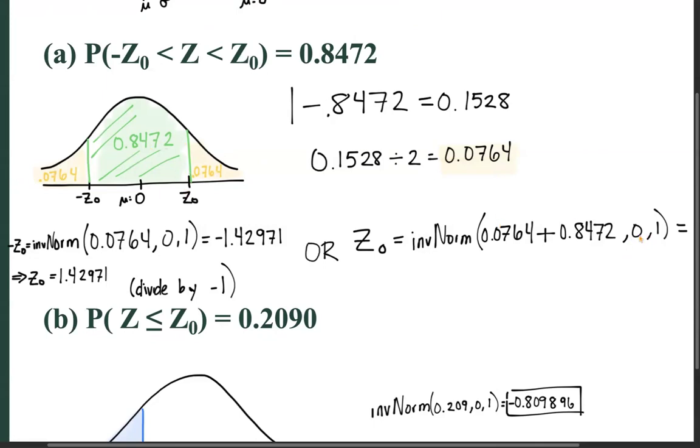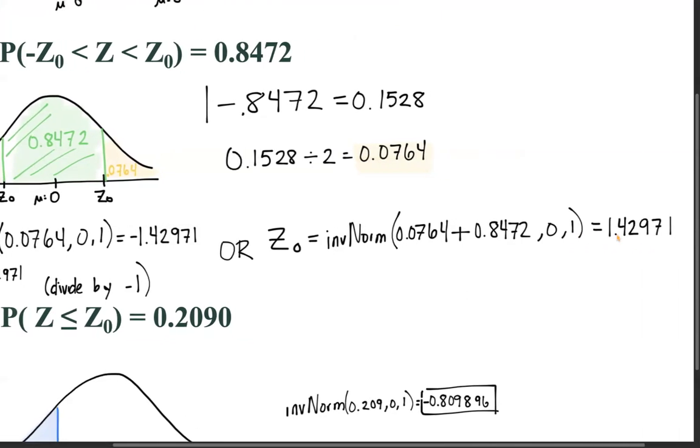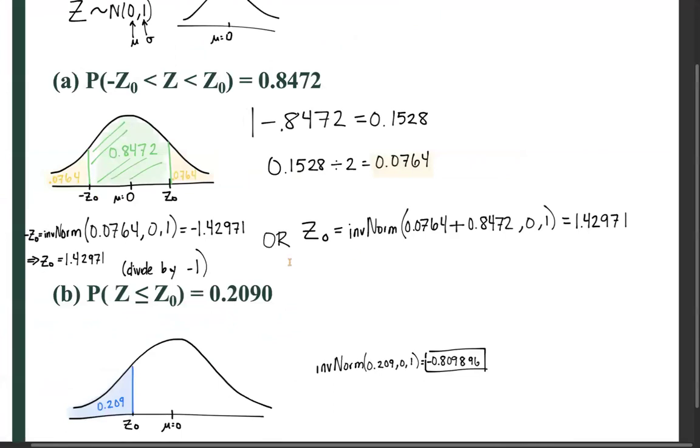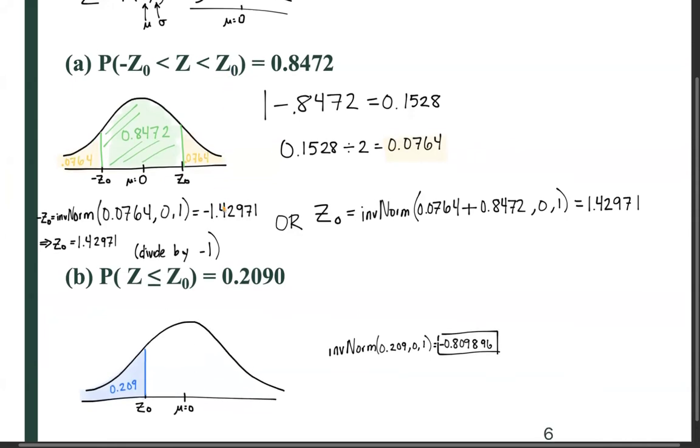And then our mean is still 0 and our standard deviation is 1. And that will give us 1.42971. So here you'll notice that's positive. So the absolute value of this equals this because it's symmetric, but that's 2 ways to do it. You just have to remember, like on an exam, the sign does matter. So it's asking what z0 is. Okay.